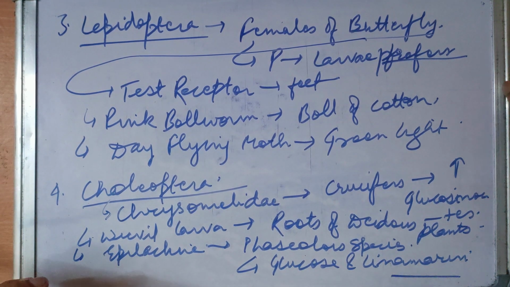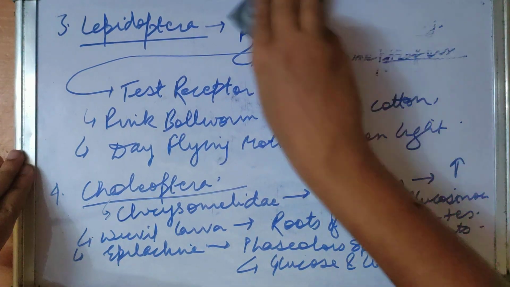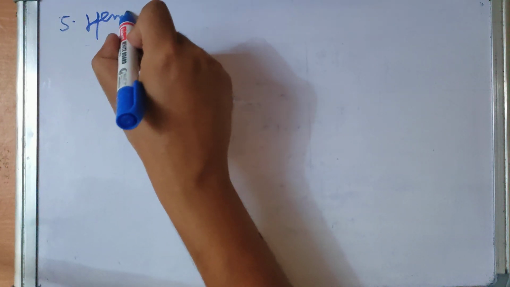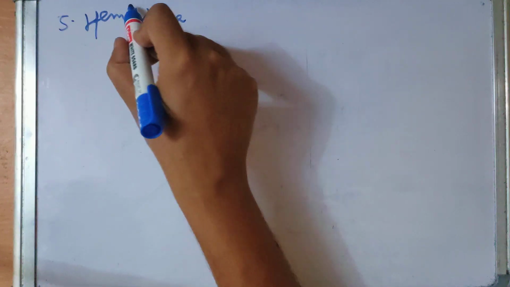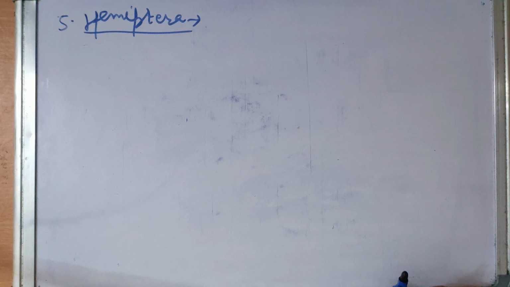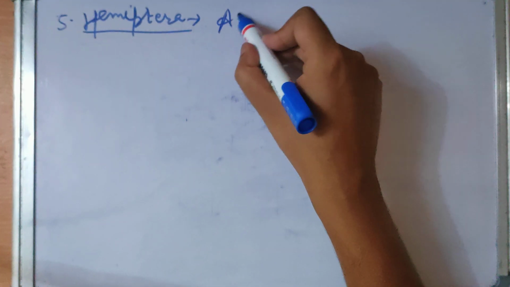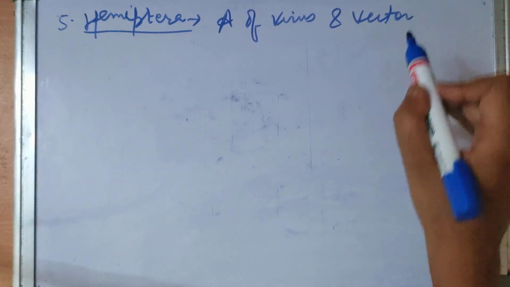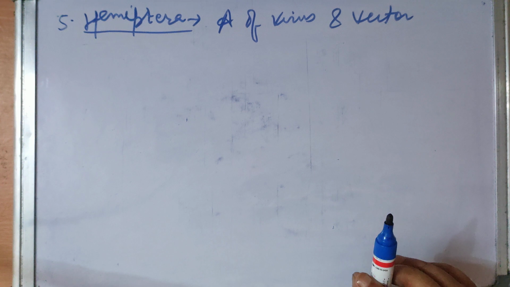Moving on to the next, that is Hemiptera, number fifth. The association of vectors and viruses causes specificity of host and symbiosis.